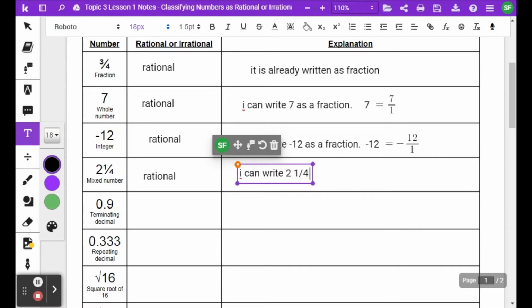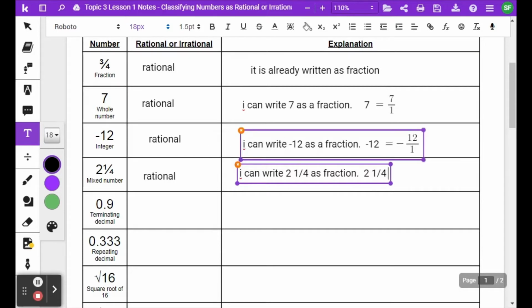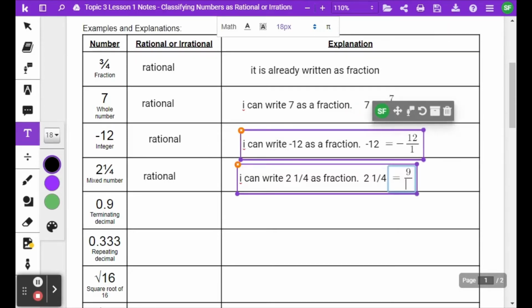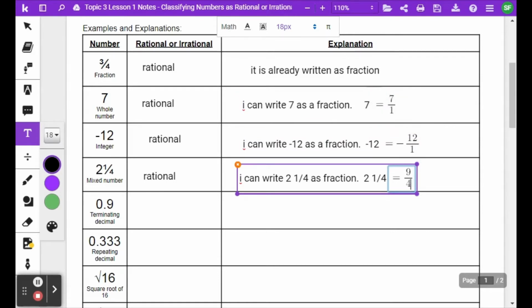And for those of you who don't understand that, that was a lesson earlier in the year, right? 2 1/4 is equal to 9/4. And 9/4 is in fractional form. And since they are equivalent, that makes 2 1/4 rational as well.